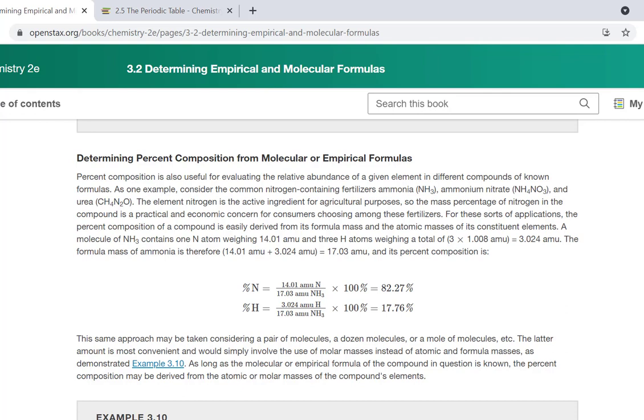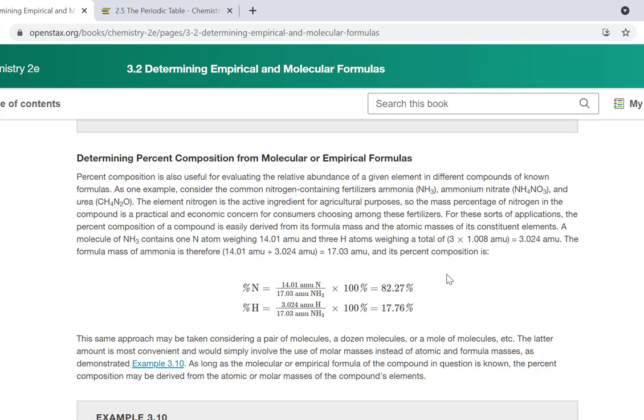Essentially what we're doing here, we're doing something very similar to what you did for section 3.1, where you were finding the molar mass or the formula mass of a compound, but we're taking it one step farther and saying, well, of that, how much is from each of those elements? So for example, if we look at ammonia, you would be able to do this if you were comfortable with that previous section.